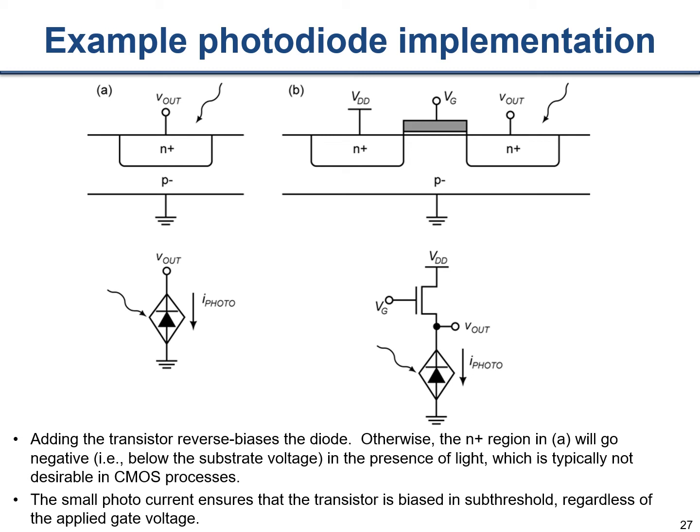In this case, we can ensure that the transistor is biased in subthreshold because the current flowing through the transistor is just dictated by the photocurrent, and it doesn't really matter what the gate voltage is. Vout will adjust appropriately to make sure that the transistor is still operating in the subthreshold regime.